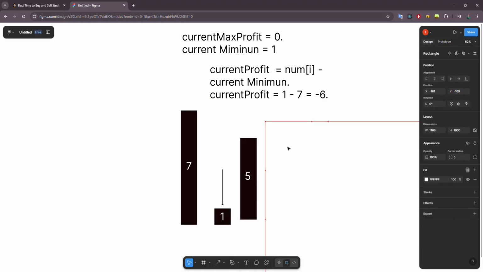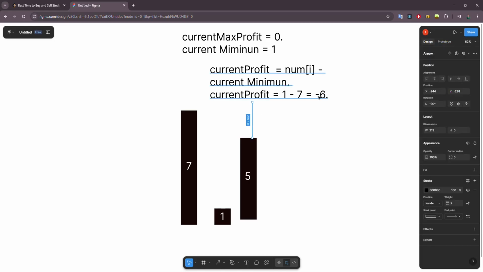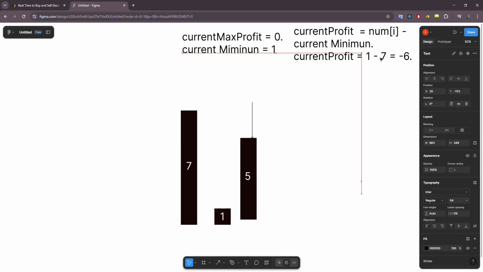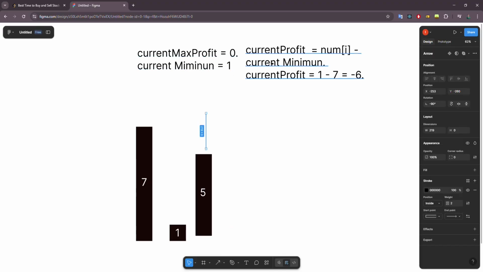The next day, the stock price goes up. So what do we have right now? We have that our current minimum is 1, and our stock price today is 5.